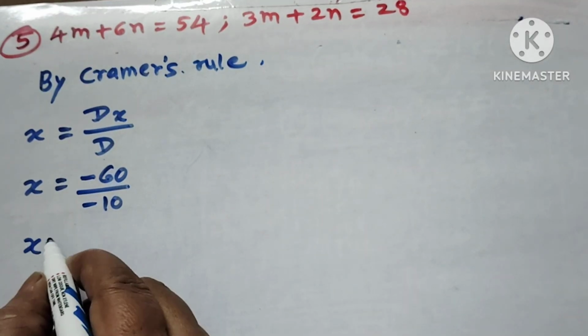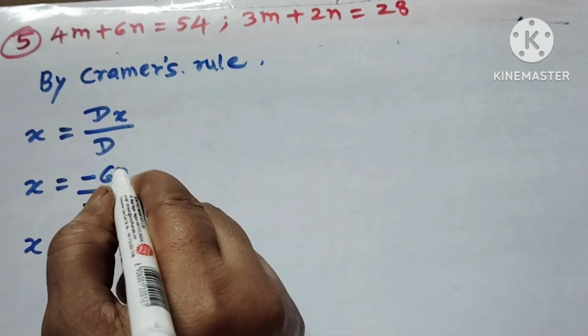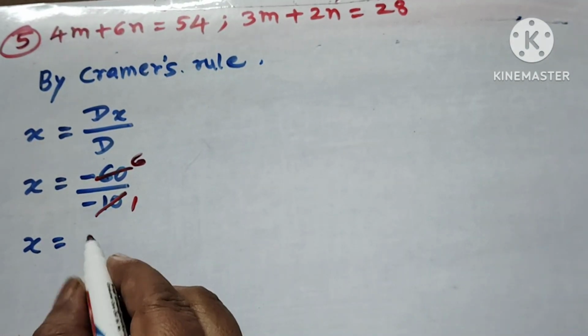Then x is equal to, 10 ones are 10, 10 sixes are 60, minus minus plus.